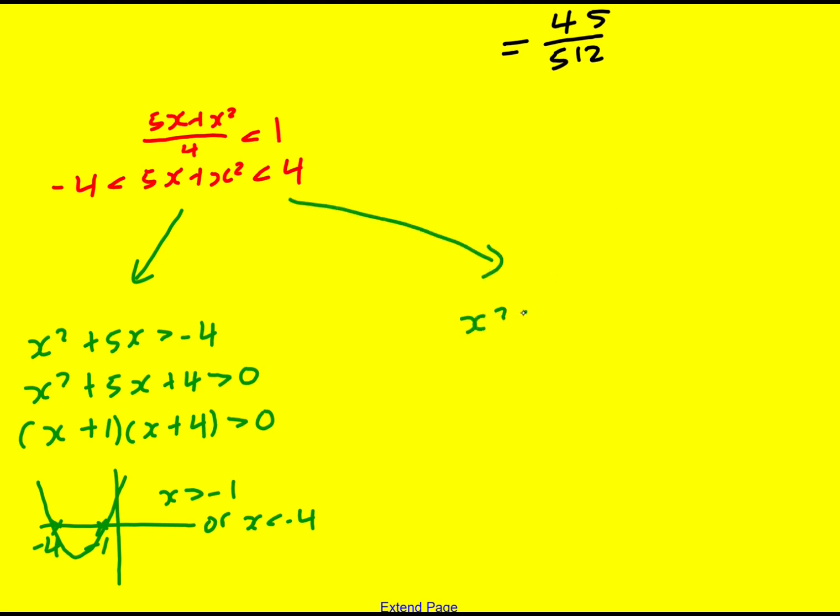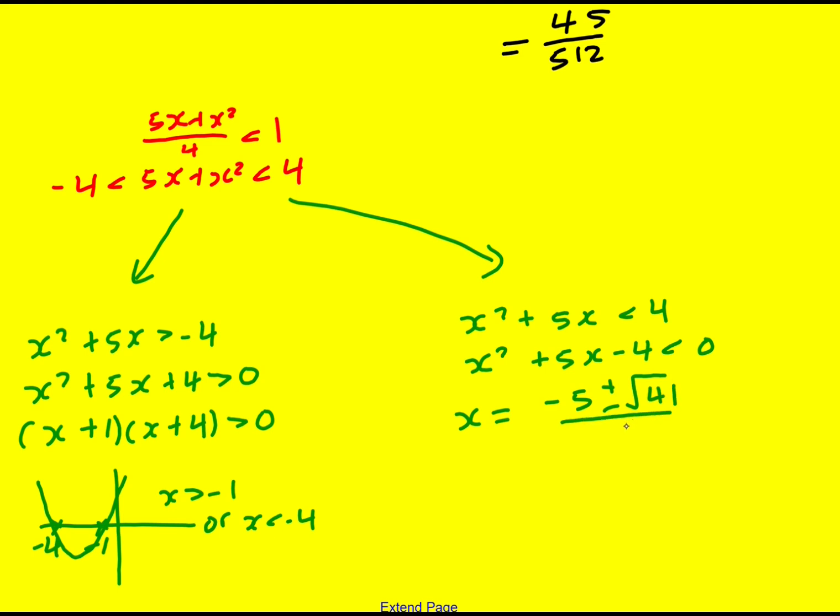If x squared plus 5x is less than 4, then x squared plus 5x minus 4 is less than 0. Luckily, this one actually doesn't factorize. So if I set it equal to 0, I can use the quadratic formula, and this is something I've done earlier. I get minus 5 plus or minus root 41 over 2.